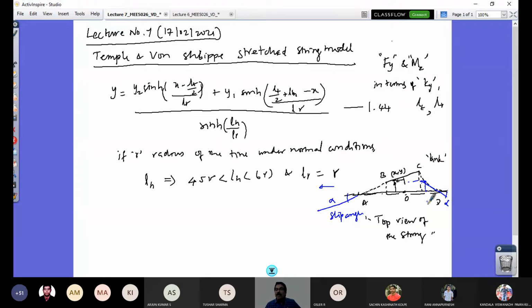This length, from this point D towards this, is my LR, the relaxation length. And this relaxation length will typically be equal to the radius of the tire, whereas the free region LH value varies from 4.5 times R to 6 times R of the radius. So this is a typical experimental observation.